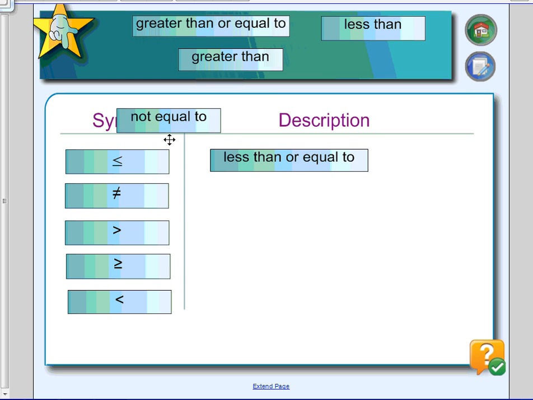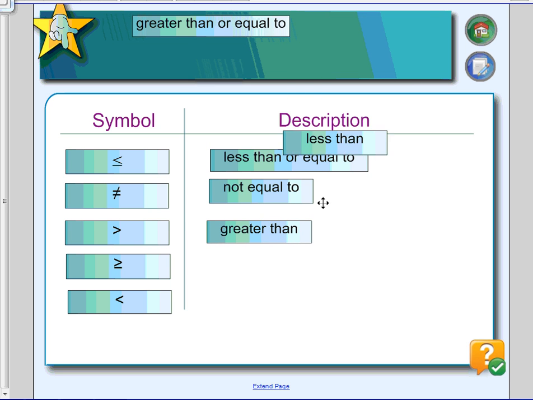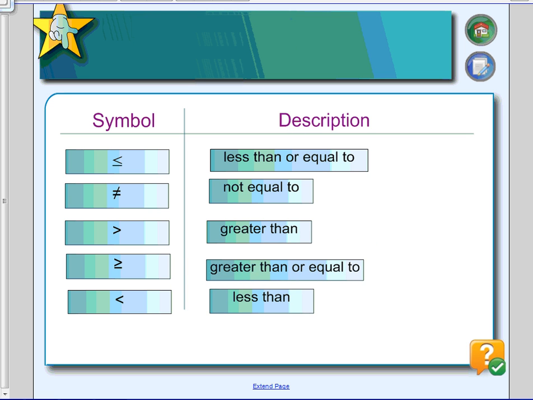This would be not equal to. This would be greater than, less than, this would be less than, and this would be greater than or equal to.